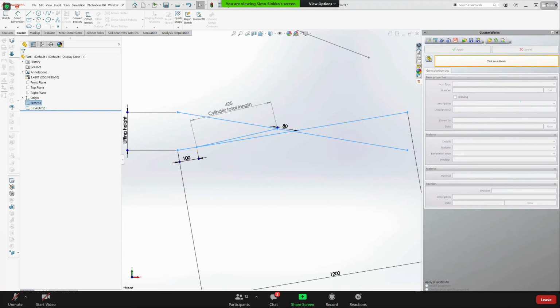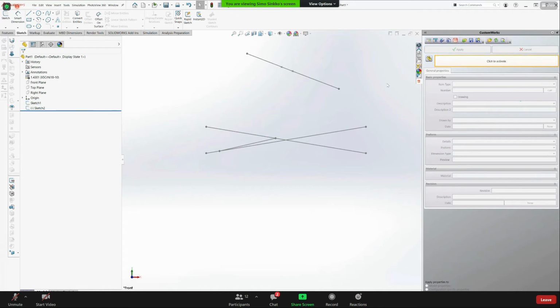Because now when I dimension it in vertical direction, it just shows about 8 point something millimeters, which is really small for the diameter of the cylinder. Okay, so can you share the screen and show me? Yes.